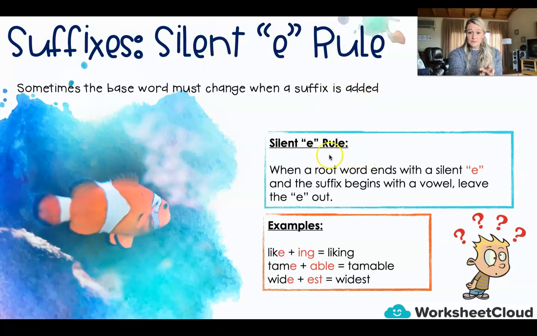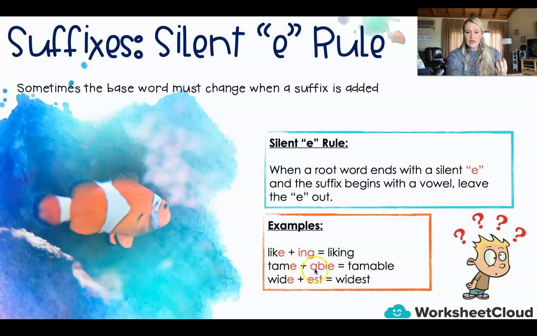Now this rule is when a root word ends with a silent E and the suffix begins with a vowel, we leave that E from the root word out. So for example, if we have the root word like, and you see the like ends in an E, and then my suffix is ing, do you see we've got a vowel there, so we remove that E and we say liking without that E. Same with tame as the root word and the suffix able, so it's the ability to be tame.